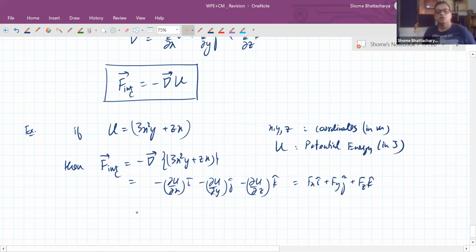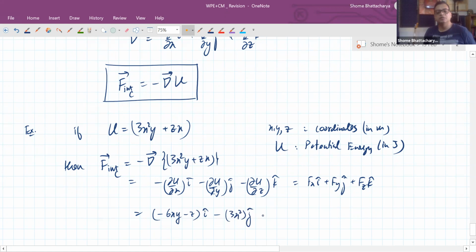Okay. So now calculating the negative partial gradient with respect to x, we have to keep y and z as constants and differentiate with respect to x with a minus sign. So this will become minus 6xy minus z, I cap. Then doing the same thing with respect to y, it will become minus 3x square, j cap.